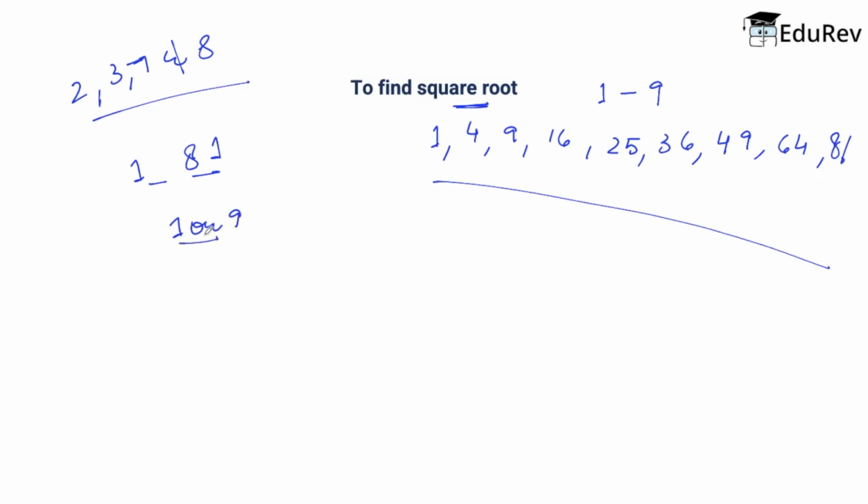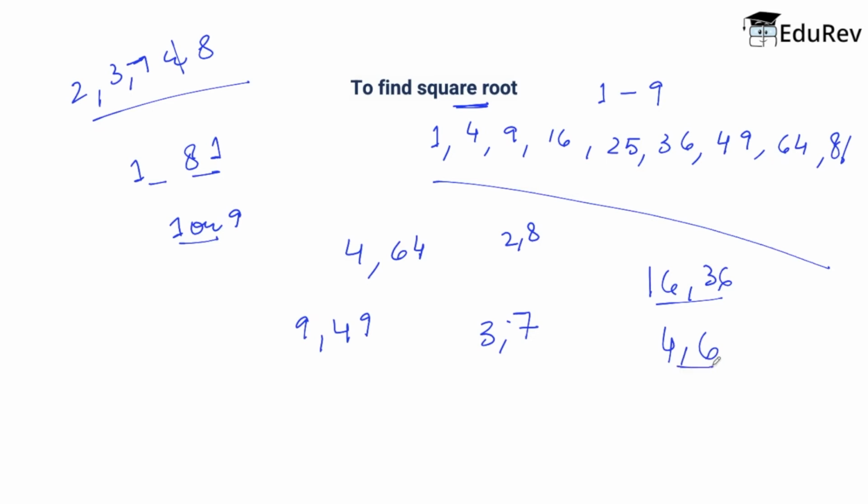Next is the square root of a number ending with 4, that is 4 or 64, that ends with either 2 or 8. The square root of a number ending with 9 ends with either 3 or 7. That is 9 or 49 has to be 3 or 7. Next is the square root of a number ending with 6, that is either 16 or 36. I think you people can guess this now, that it's going to be 4 and 6.